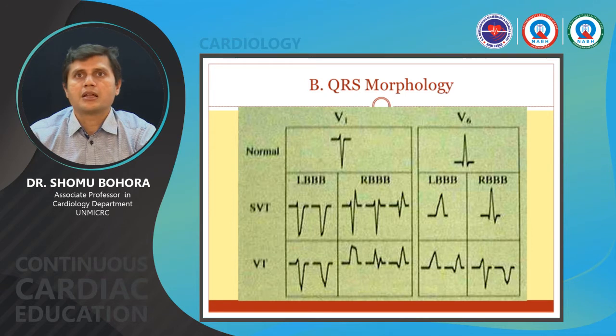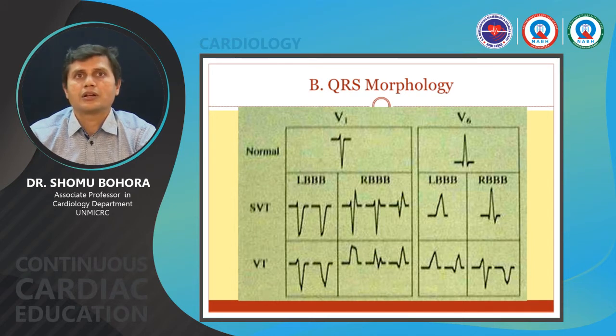Similarly, in V6, there may be a QS pattern in RBBB, which suggests that this is likely to be a ventricular rhythm.